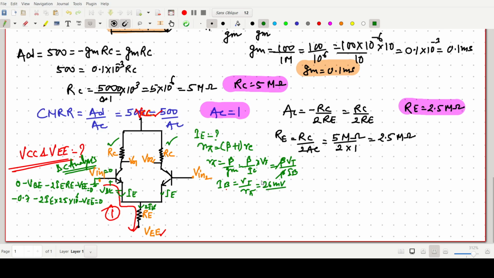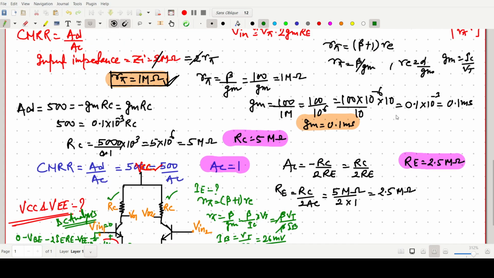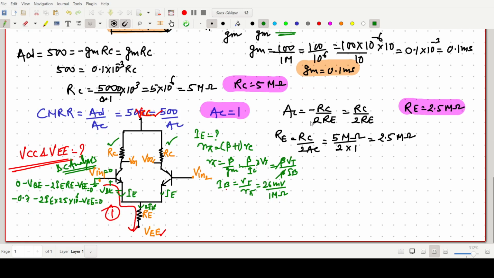The value of R pi is already given at the very beginning, 1 mega ohm. So 1 mega ohm, and if I solve this one, it will come around 26 nanoampere. So this one is IB.